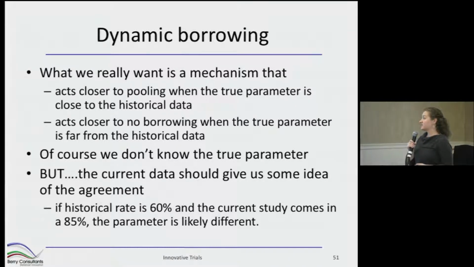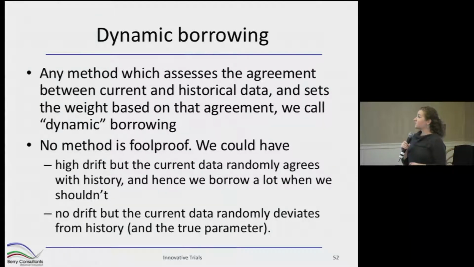The parameter is likely different from that historical rate, and maybe that's a situation where we don't want to weight our historical data quite so high. Any method that assesses the agreement between the historical data and our current data is what we call dynamic borrowing. We assess that difference between the current and historical data, and we decide on a weight based on that agreement.